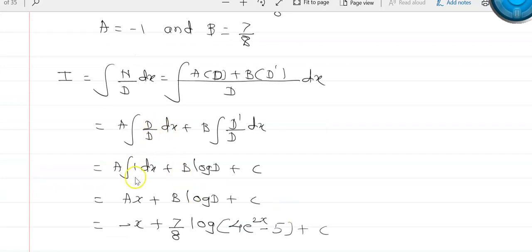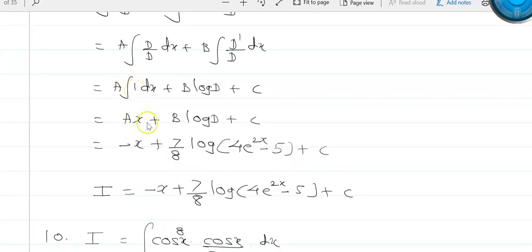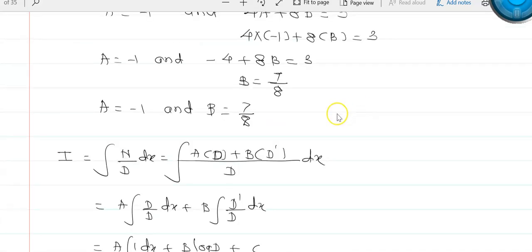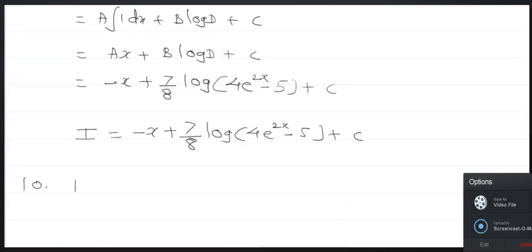Therefore, D upon D is 1, dx, plus b is the log of D plus c. Integral of 1 is x, that is ax plus b log of D plus c. Now, what is the value of a? a is minus 1 and b is 7 upon 8. Therefore, I is equal to minus x plus 7 upon 8 log of 4 e raised to 2x minus 5 plus c. Now, we'll see the next example.